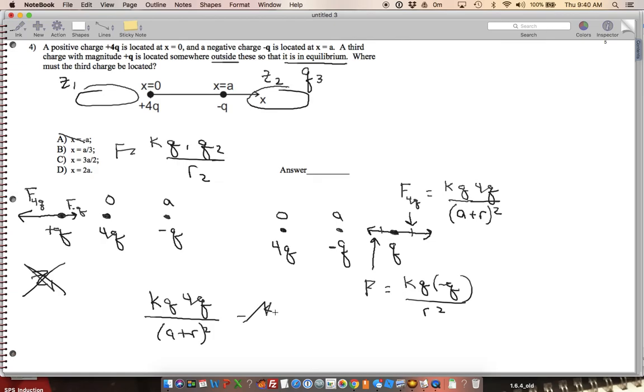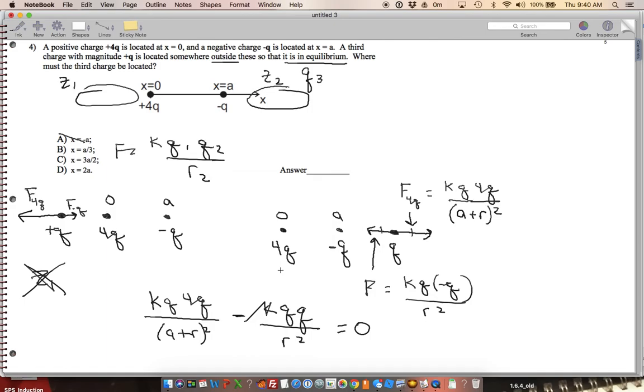equals k. Nope, it's not letting me erase. Great. So I'm adding these two things together and setting them equal to 0. This one's negative, so q over r squared. When I add them, if I pull that negative out front, that's where that negative comes from. I'm setting that equal to 0.